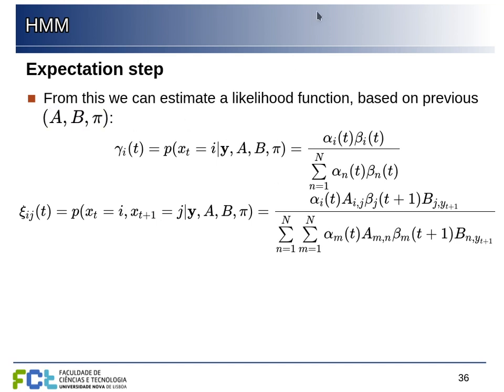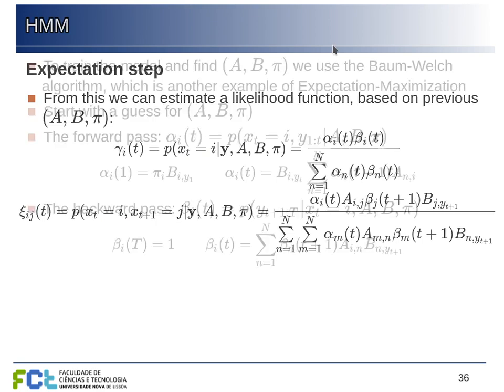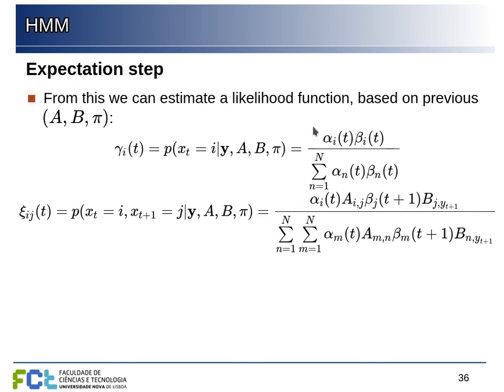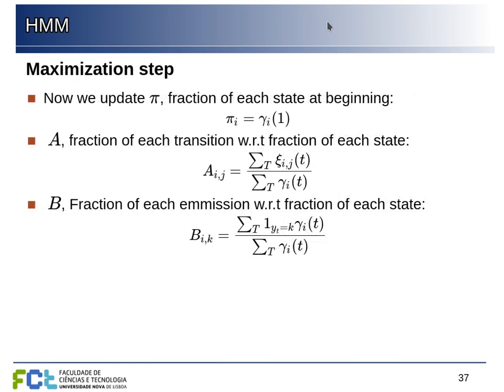Okay, so this now gives us the likelihood function, because this is something that gives us the probabilities as a function of the parameters. Remember that the parameters all come here when we are computing these alphas and these betas and these expressions here. So now we can move on to the maximization step, where we update all of the parameters, pi, A, and B, in order to maximize the likelihood.